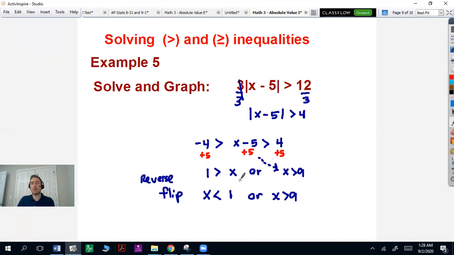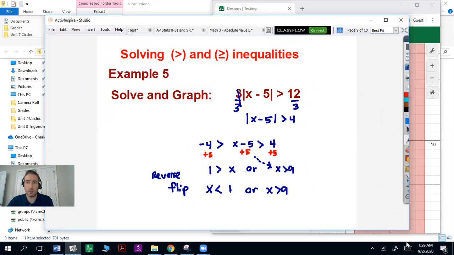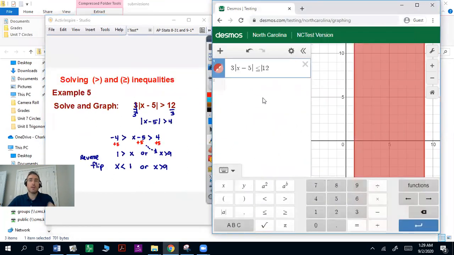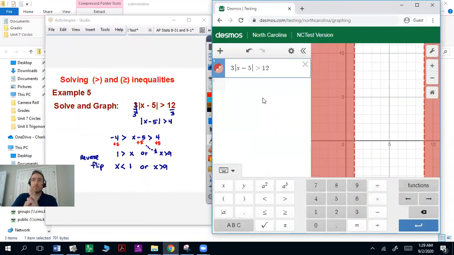Now let's conceptually think about what that means. And again, I'm going to show you on a graph what we're talking about, okay? So if we look at this graph that we did here, if I change it to greater than, it's the same boundary lines, right? This one's dashed because it's not equal to, but it's the same boundary lines, but it's going outside as opposed to connecting them. So that's why you're seeing x is less than the smaller one and x is greater than the larger one, because they're not connecting, right?